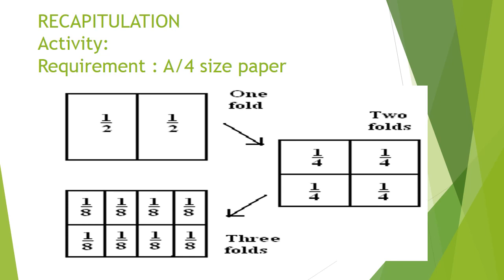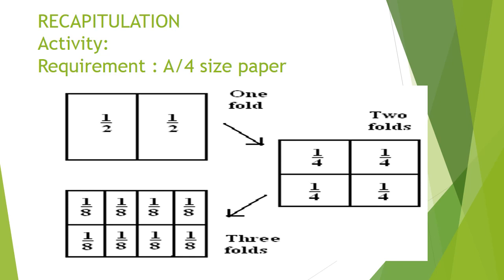You can take a screenshot of this and keep it with you, or you can pause it and follow this screen to do this activity, and you will really understand fraction well, where you will have to do one fold, which will help you to understand 1/2. When you go for another 2 folds, then you will have your paper divided into 4 equal parts.